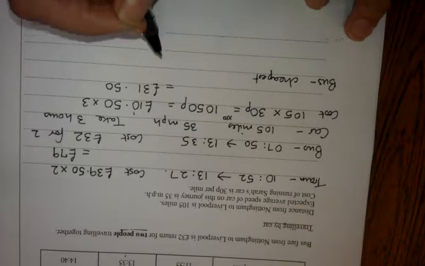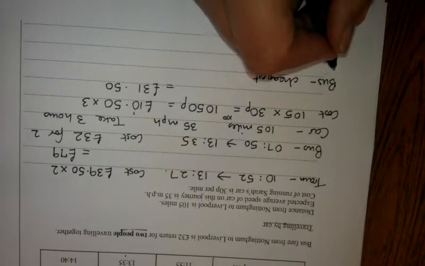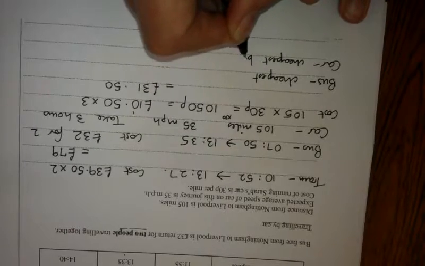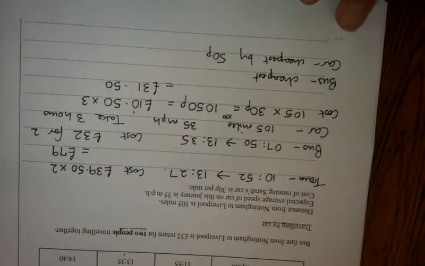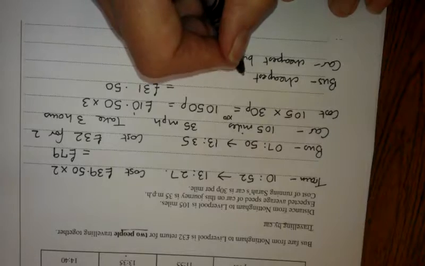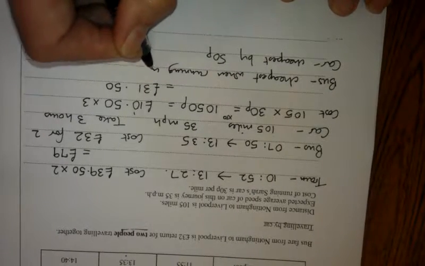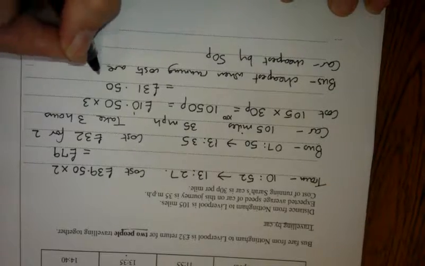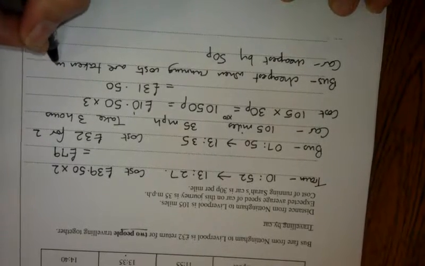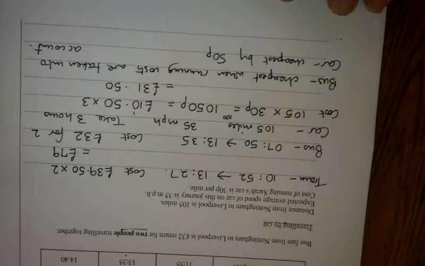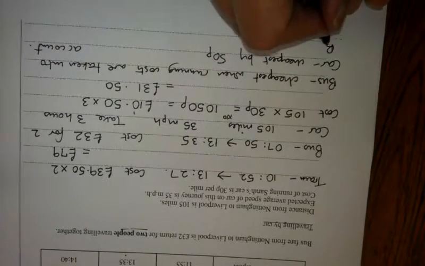Well, not arguably, I suppose we should say that the car is the cheapest by 50p, but if you take into account the running costs, the bus is the cheapest. The only disadvantage of the bus is you've got to get up early.